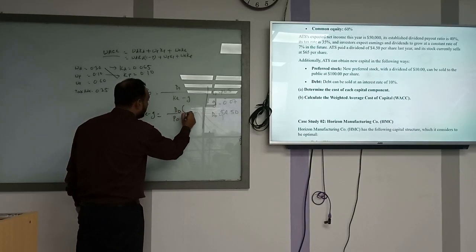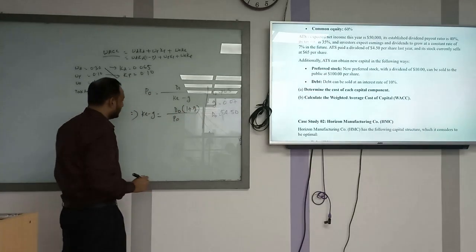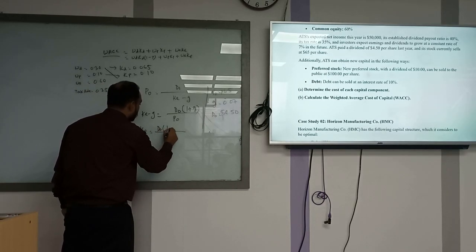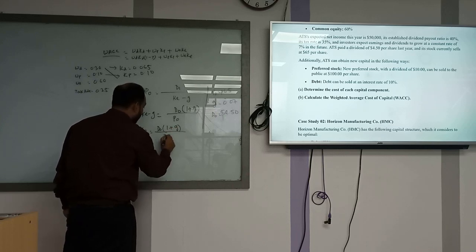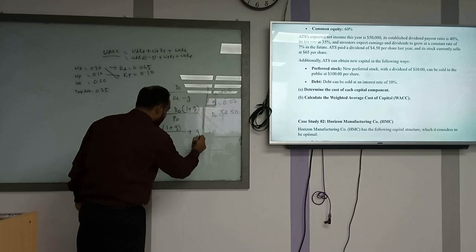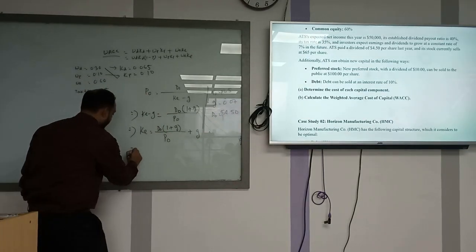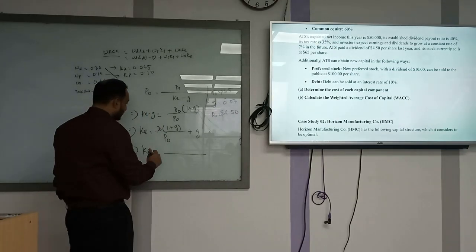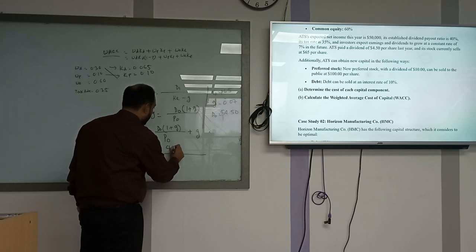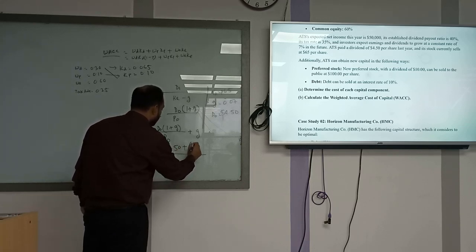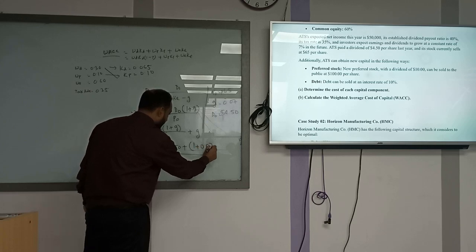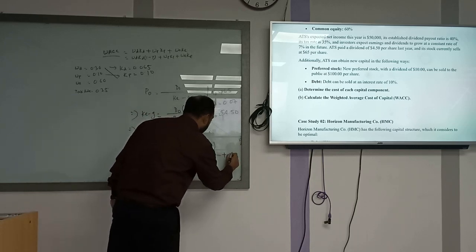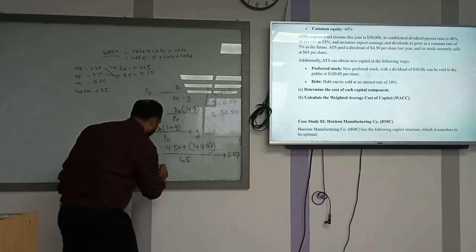So D1 means D naught into 1 plus G. So here KE is equal to D naught into 1 plus G, divided by P naught, plus G. If I put everything in the formula: 4.50 into 1 plus 0.07, divided by 65, plus 0.07.